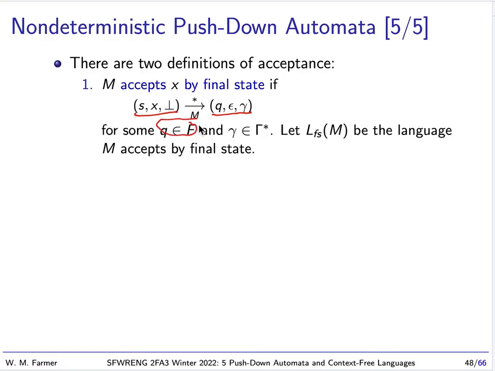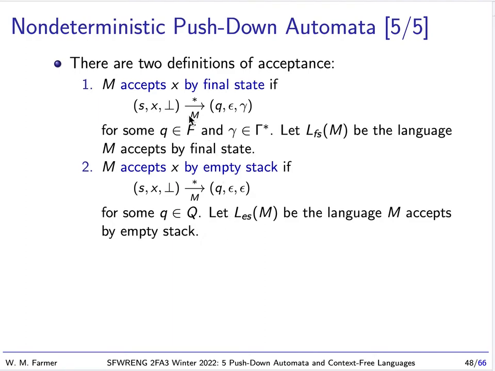So if we process the whole string, that's why we have epsilon here, and we end up in a final state, we will accept that. And that's called accepting by final state. And we can talk about the language that the machine will accept by this way of acceptance by final state.